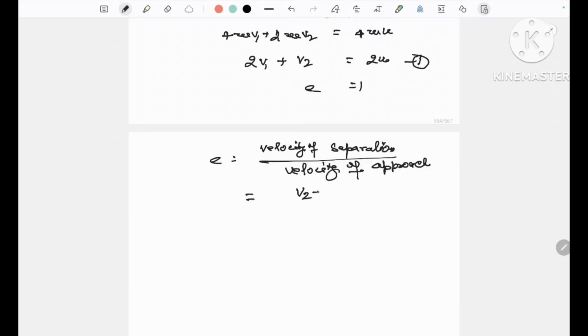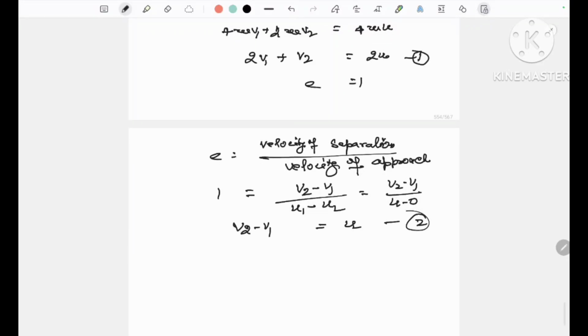Velocity of separation is v2 minus v1 and velocity of approach is u1 minus u2. This is 1, so v2 minus v1 upon u minus 0 is 1, v2 minus v1 is equal to u. Equation number 2. To calculate v1, subtract equation number 2 from equation number 1, so 3v1 will be equal to u and v1 is equal to u by 3.